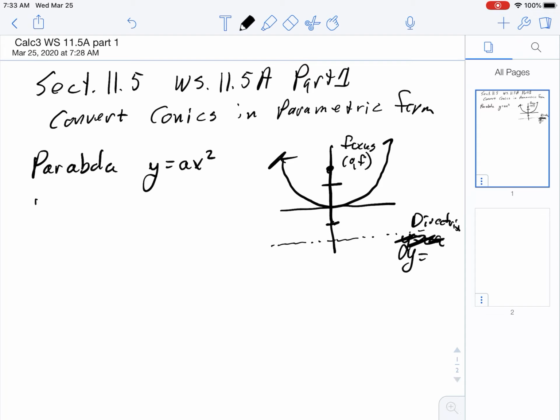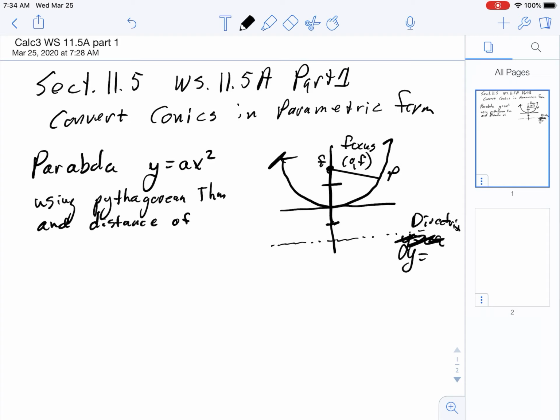Okay, now using the Pythagorean theorem and distances, we'll call this point P, this is F, so that'll be the distance of FP, and the distance here of PI.